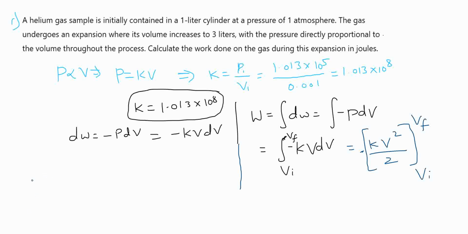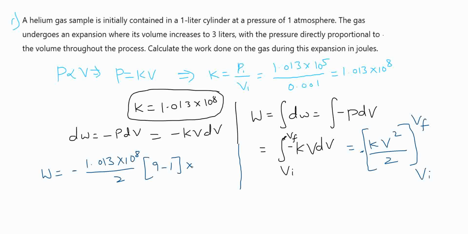So work done is equal to minus k by 2, where k is 1.013 into 10 power 8, by 2, times Vf square minus Vi square. Vf square is 3 square, that is 9, minus Vi square, which is 1 square, which is 1, and so it is in liters.